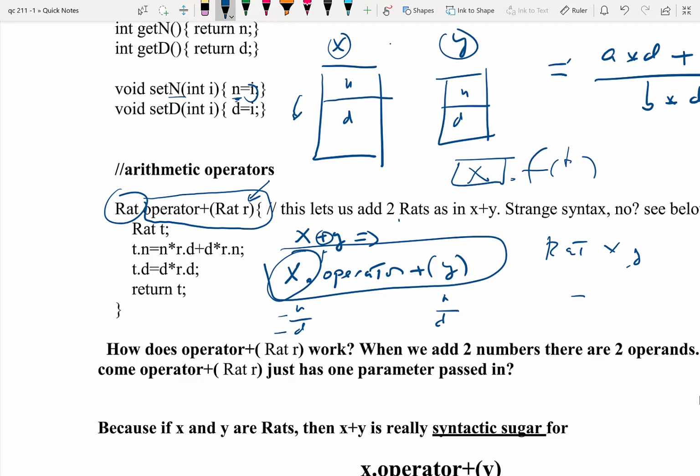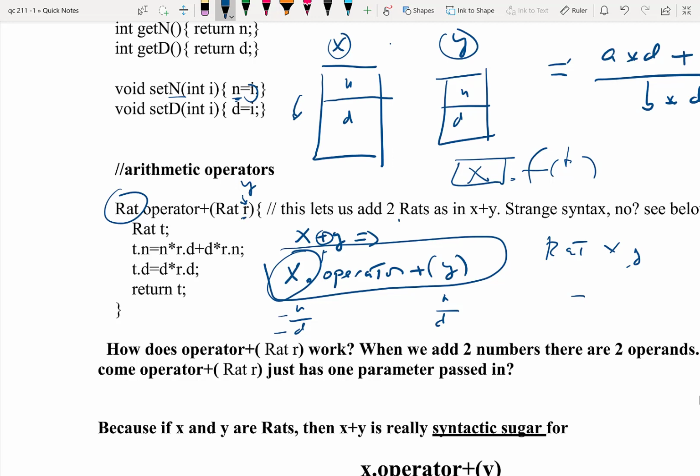So how do I refer to y's n and d? When I say x plus y, x is on the left-hand side and y is coming in via the parameter, so I refer to y's n and d through the parameter.